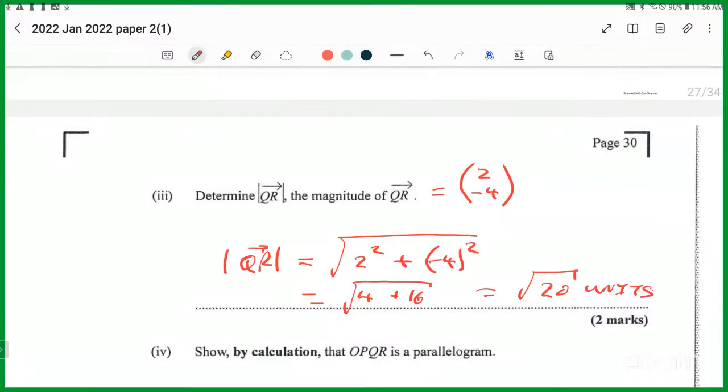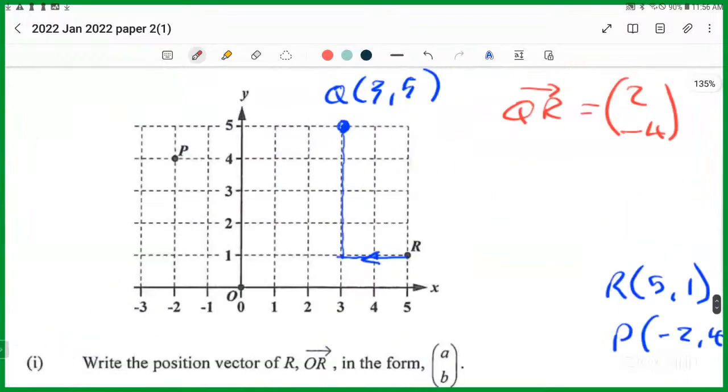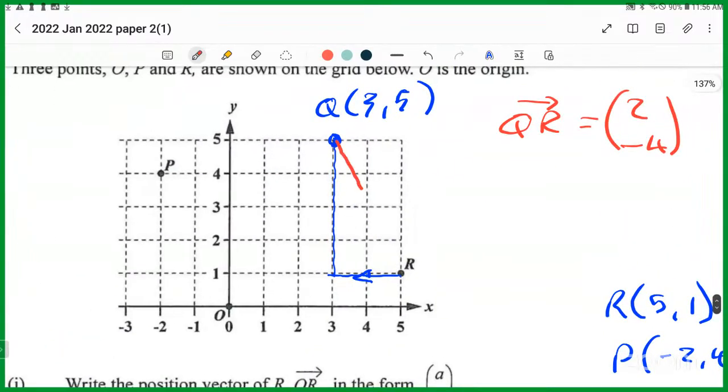You can see it in the diagram. To go from Q to R, look at the diagram. Q to R is this. You want to find the modulus of QR, which is the length of this line. This side is 2 units long and this side is 4 units long, so Pythagoras' theorem can be used to find this length.